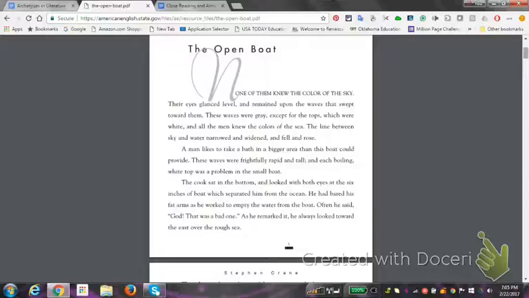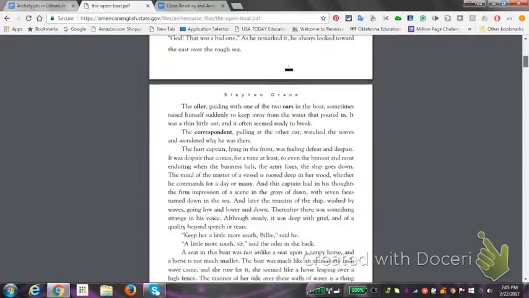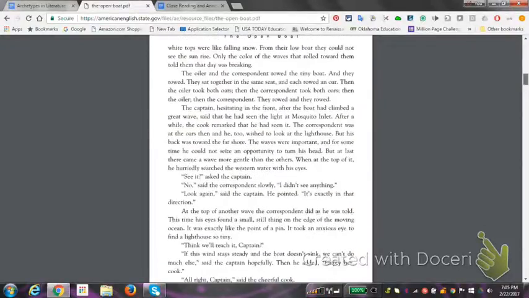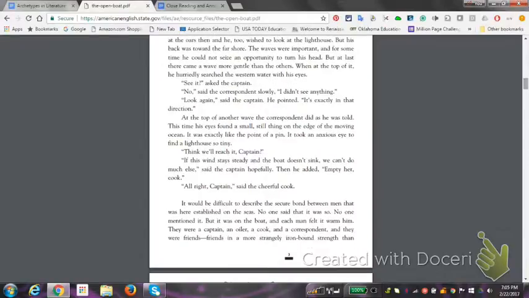And now we have this next section. I wanted to show you dialogue really fast. On page, it looks like 3, we have some dialogue going on.